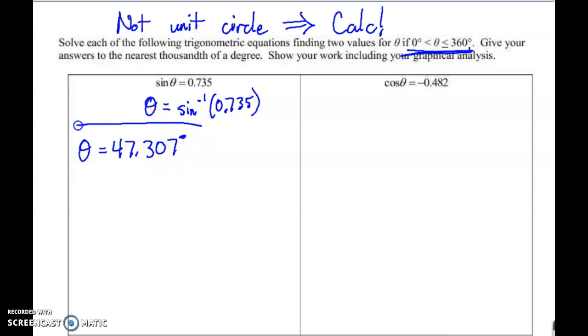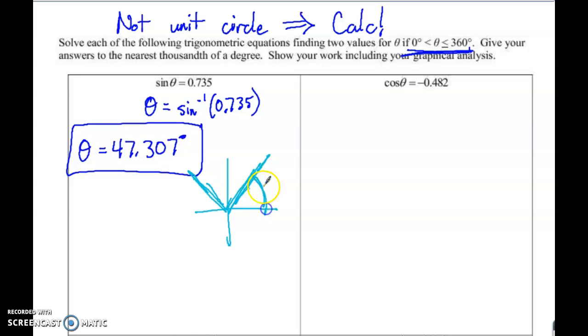So think about it. Where else is sine positive? Right, so one of our answers was this way. Sine is also positive in the second quadrant, and think about how the reference angle needs to be the same. So this 47 and this 47 must be the same, so I could do 180, which is a semicircle, and then take away that reference angle.